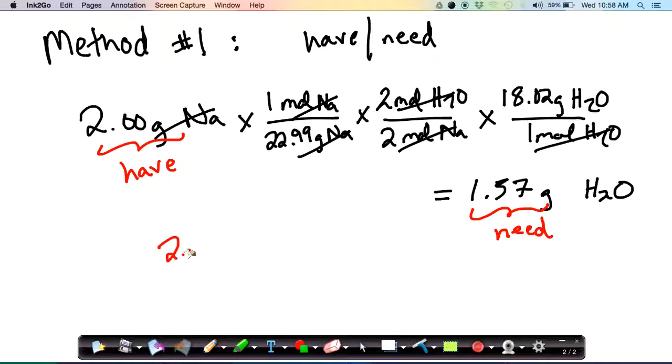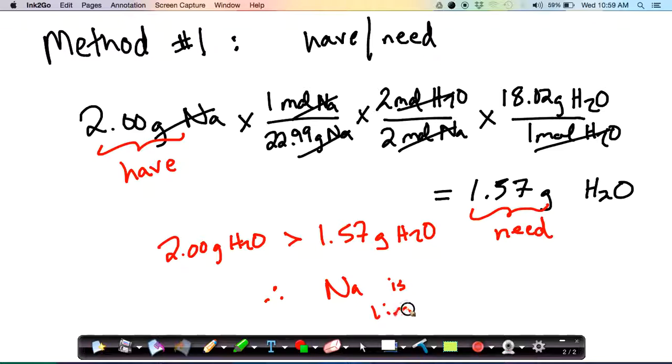So because 2.00 grams of H2O, that's what we have, is greater than 1.57 grams of H2O, that's what we need, we can conclude that sodium is the limiting reactant.